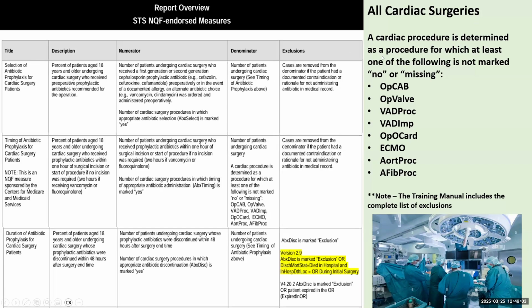Cardiac procedure is determined as a procedure for which at least one of the following is not marked no. So if you've got a CAB, a valve, a VAD, other cardiac, ECMO, aorta, AFib, that's all going to fall into all cardiac surgeries. There are a few exclusions listed here on the NQF document. However, the training manual includes the comprehensive list of exclusions for antibiotic selection, timing, and discontinuation.